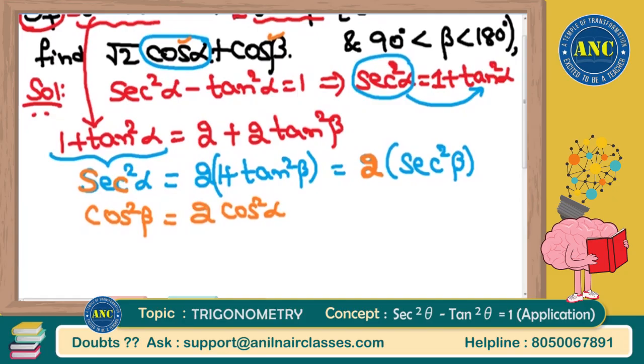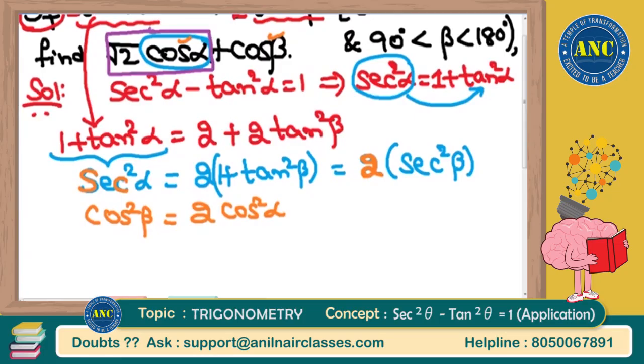Now think logically, sir. What is the next part in my question? I want root 2 cos alpha, right? I want the coefficient of cos alpha to be root 2.